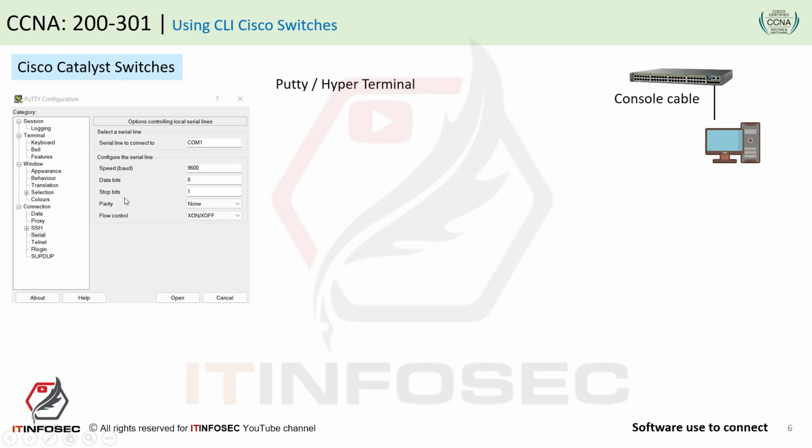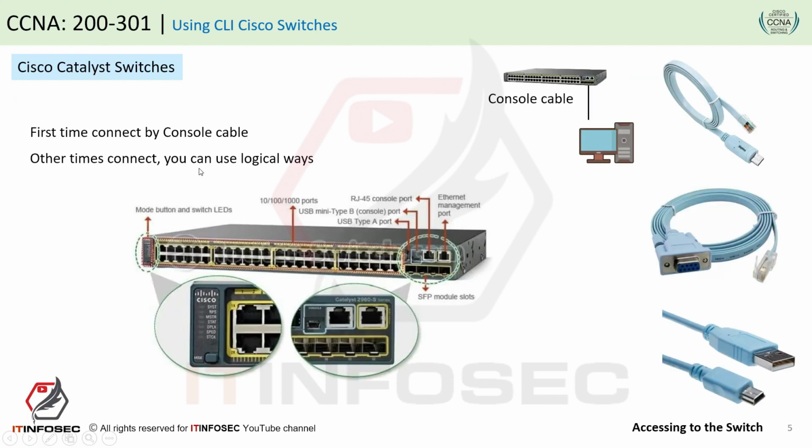And when you start PuTTY, for example, if we use this cable, this is the COM port, and this is the RJ45 connected to the switch's RJ45 console port, and the other side of the cable is connected to our computer's RS232 port, or maybe USB. In my example, I used this type.